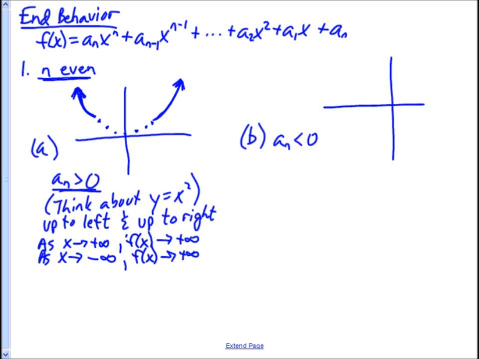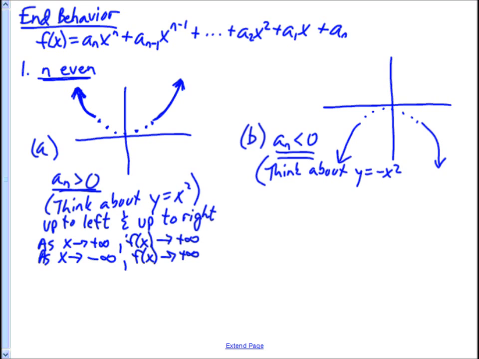So when you're thinking about this one, think about negative x squared. That's what you want to think about, okay? Think about y equals negative x squared.